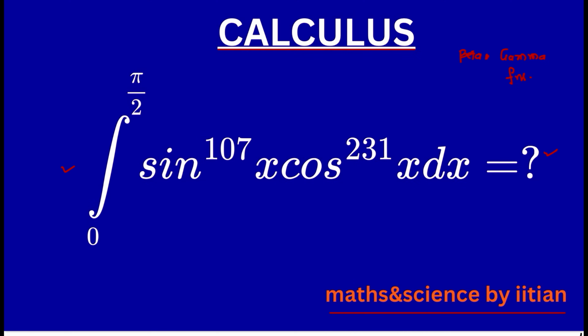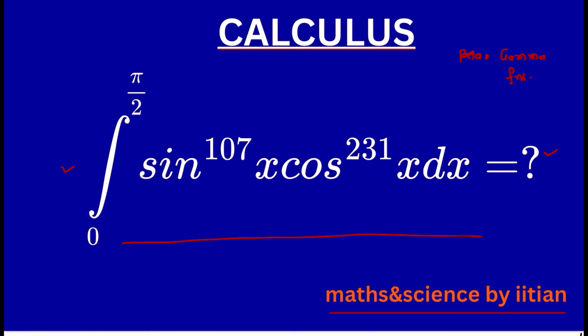The relation between beta and gamma functions also I have developed. I have given an equation. We will be using that beta gamma functions relation, the definition of beta gamma functions, and the connection between gamma function and a factorial.